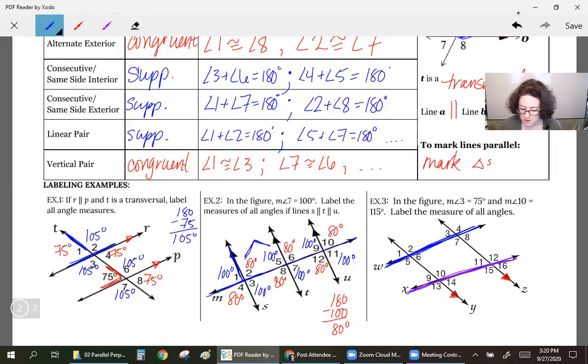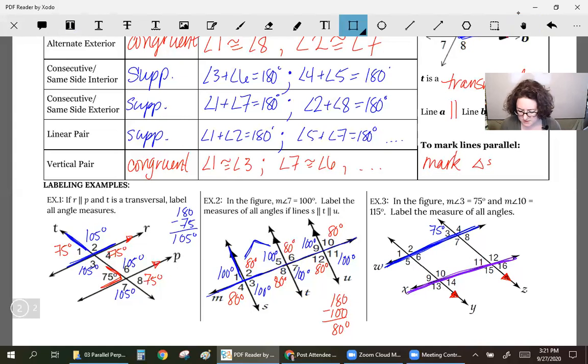So along our blue line, we are told that angle 3 is 75 degrees. So which other angles along the blue line are also 75 degrees? And here's your other way that you can do this too. Don't forget, you can use that kind of covering up trick. So if you need to, cover up that bottom piece and get rid of those extra angles, get rid of those extra intersections that might be misleading.